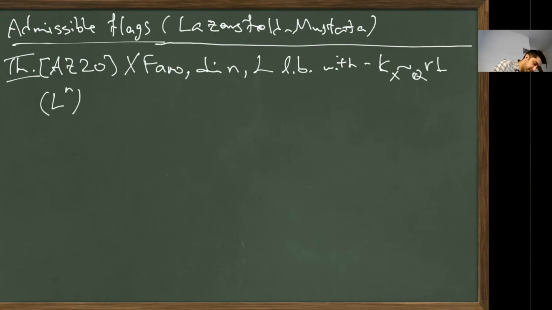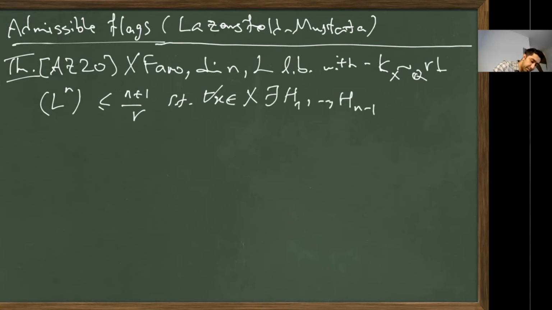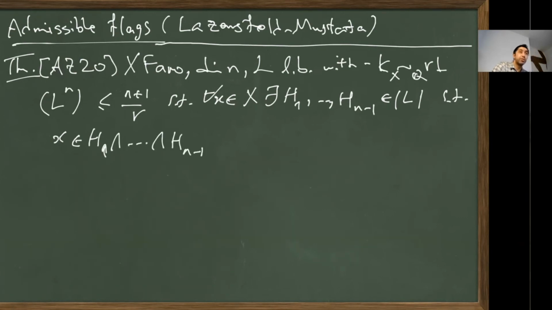I want to assume that L^n, the volume of L, is at most (n+1)/r)^n, such that for any x I take in my variety, there exist H_1 to H_{n-1} in this linear system |L|, such that x is contained in this intersection, which is a complete intersection, giving you a curve. In fact, I want it to be integral.